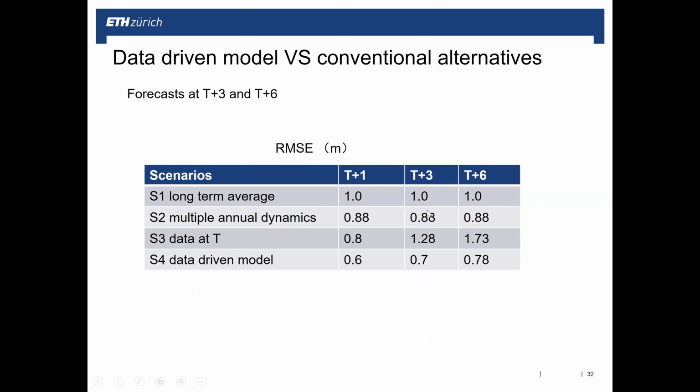The first two should be the same because we use the annual average, or the annual monthly average. So these numbers are the same for the different forecast lead times. But if we use the shift, you could see that the error becomes larger.